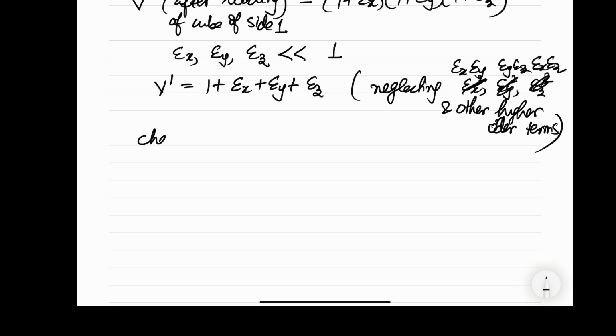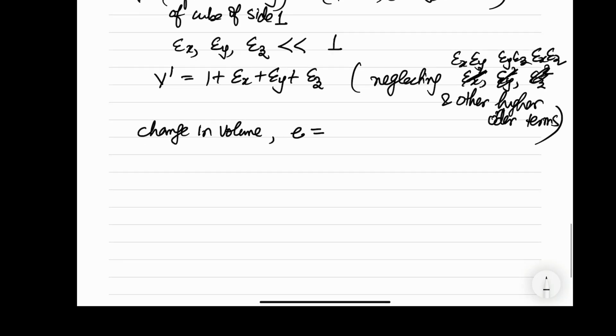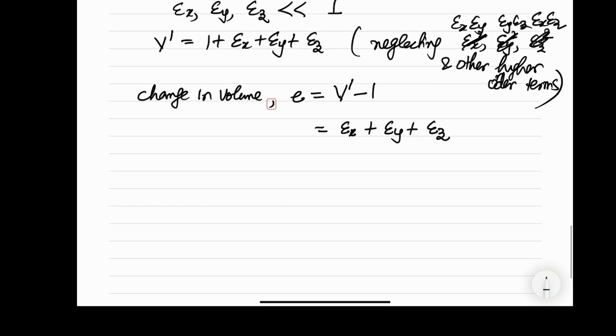So the change in volume, which we write as E, will be equal to V prime minus 1, and this will be equal to epsilon x plus epsilon y plus epsilon z.